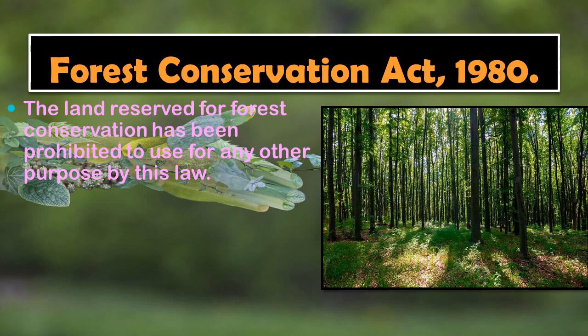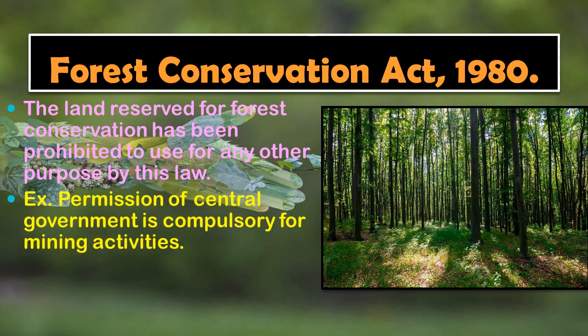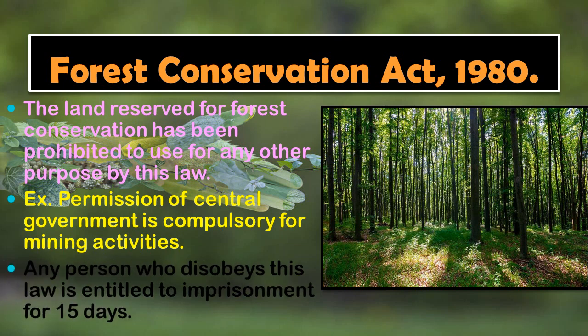That means forest should not be used for other activities. For example, permission of the central government is compulsory for mining activities. If someone wants to perform an activity in the forest, the permission of the central government is compulsory. Any person who disobeys this law is liable to imprisonment for 15 days. So this is the Forest Conservation Act.